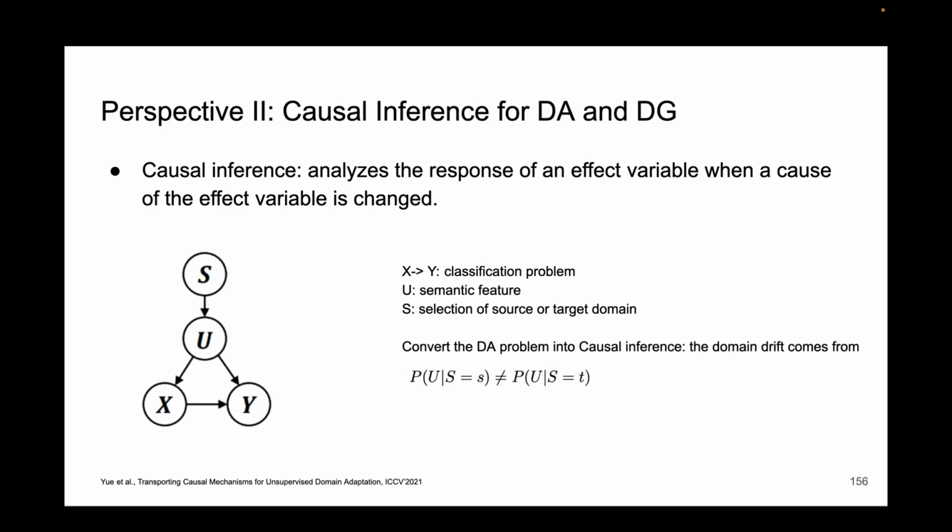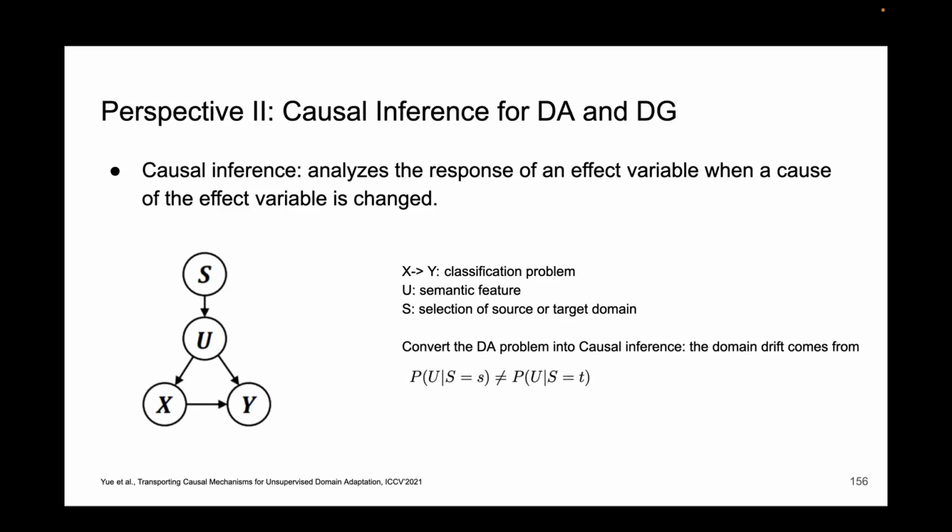The traditional graph is actually only X to Y, right? Which is a very canonical classification problem, based on the semantic feature U in the feature space or in the latent variable space, right? So, very novelly, they introduce this selection of the source or target domain as a state variable.